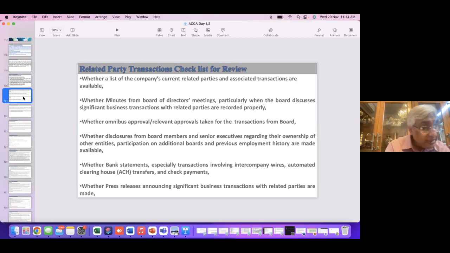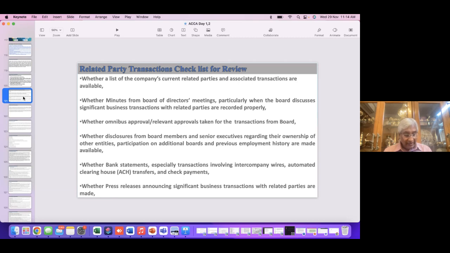So many a time, what happens is that the people who are on the board of directors don't have the time to see whether each and every transaction is falling within line or not.